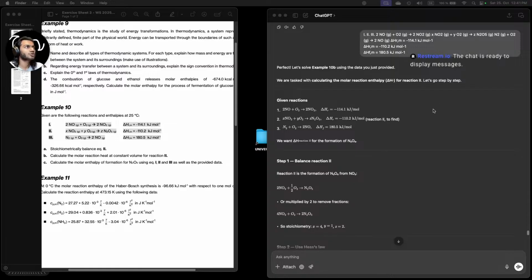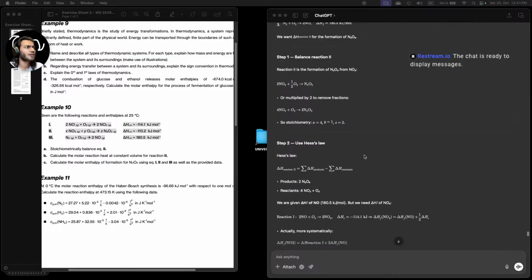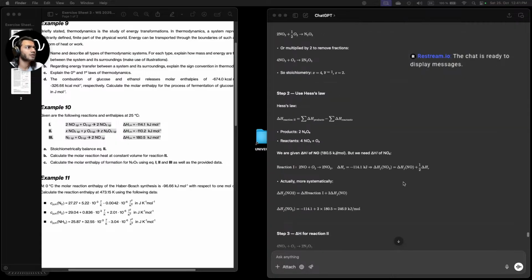Given the reactions, we are tasked with calculating the molar enthalpy of reaction, let's go step by step. NO2 plus O2. Hess's law.